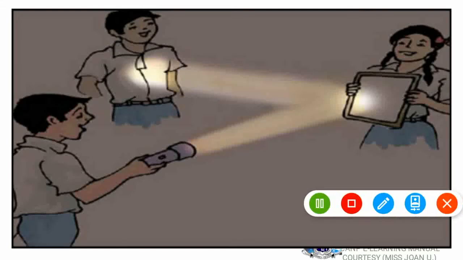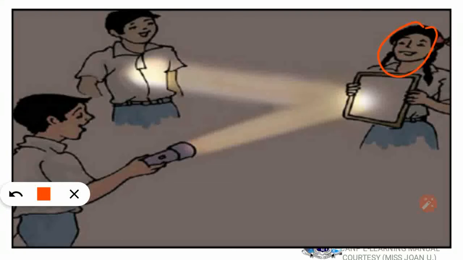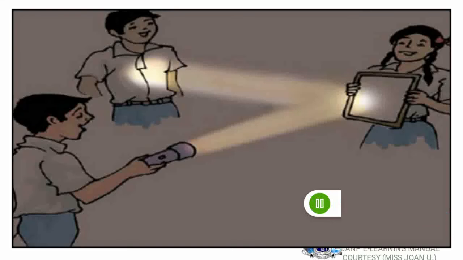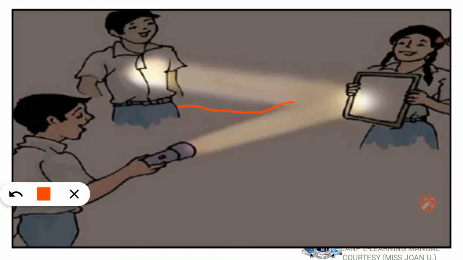Now if you draw a straight line here, and then you have this angle like this. If you measure this angle, which is the angle of incidence, and let's say it gives you 20 degrees, and then you measure this other angle, which is the angle of reflection, it will give you 20 degrees as well.